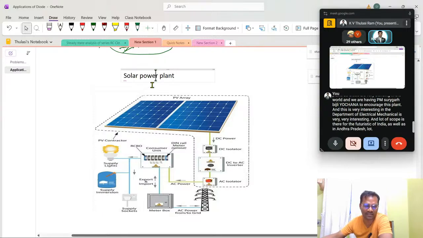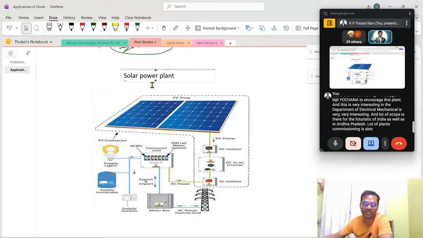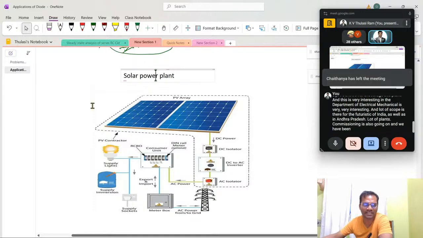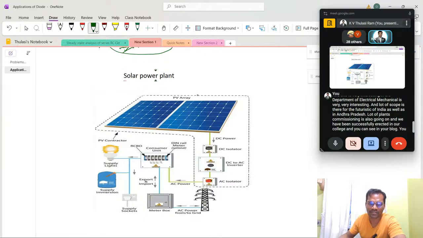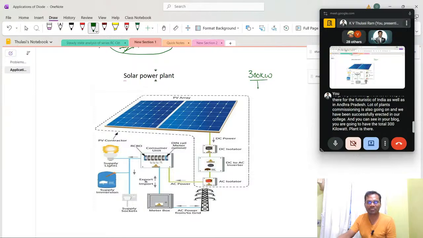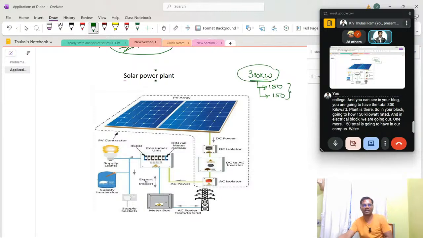Many plants are being commissioned, and one has been successfully erected in our college. In your block you have a 150 kilowatt plant, and in the electrical block one more 150, so the total in our campus is 300 kilowatt.